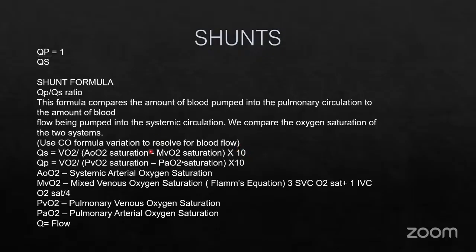Why do I have the mixed venous saturation here? Because I truly want to know. Imagine there's a shunt in the atria, so there's a mix of oxygenated and deoxygenated blood. If I take a sample of the right atrium and I have a shunt, that will not be a true value.